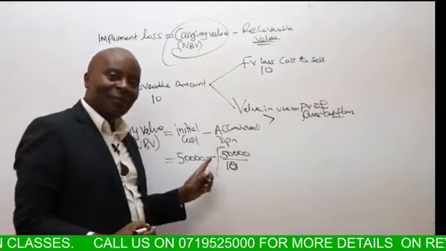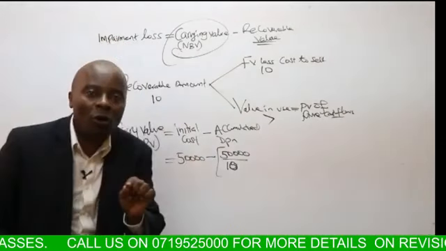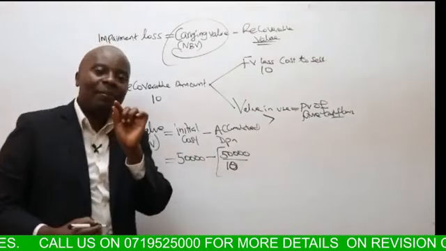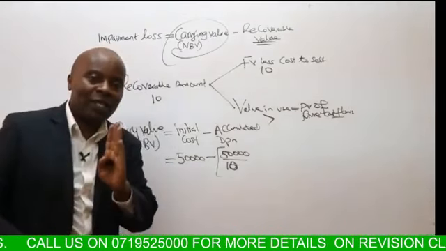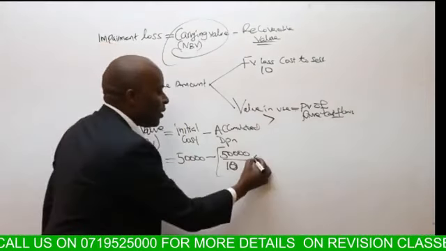But remember, this has to be total or accumulated depreciation up to the date of impairment review. By the time we're doing this impairment review, we had 5 years having lapsed. So times 5 here.